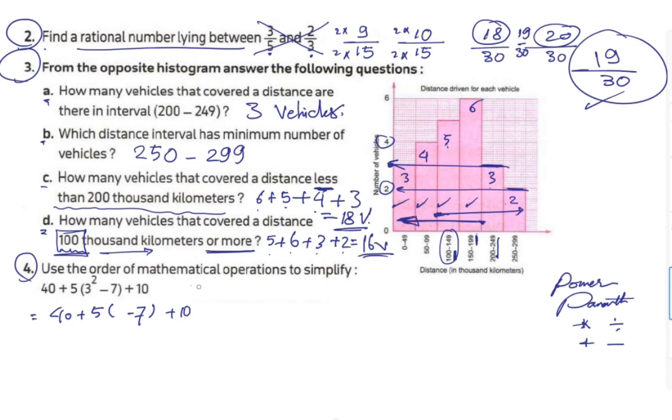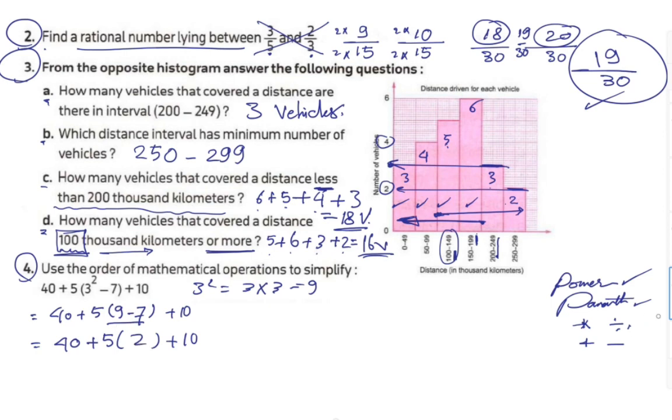3 power 2, 3 with power 2, this means what? 3 by 3 equals 9, so it's 9. Okay, so we finished the powers. Go to what? Brackets. I have brackets here. Solve these brackets. 9 minus 7 equals 2.